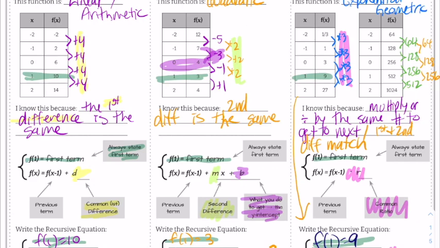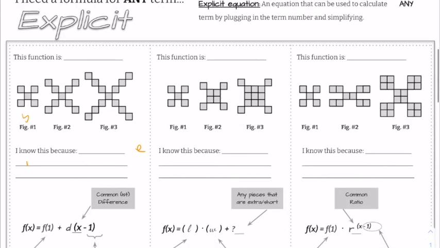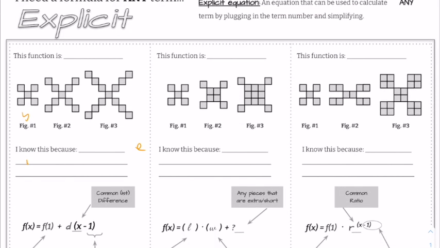Now, sometimes you want to have an explicit equation. Okay? So if you want an explicit equation, that's when you calculate any term instead of just the previous one. Okay? So here we have looked at figures to tell if they are linear, quadratic, or exponential. So here are some examples. So notice on this one, I'm going to forego having you count, but there's 5 in this first figure, 9 in the second one, and 13 in the next one.